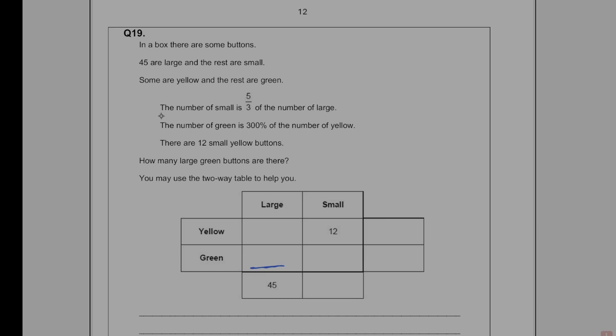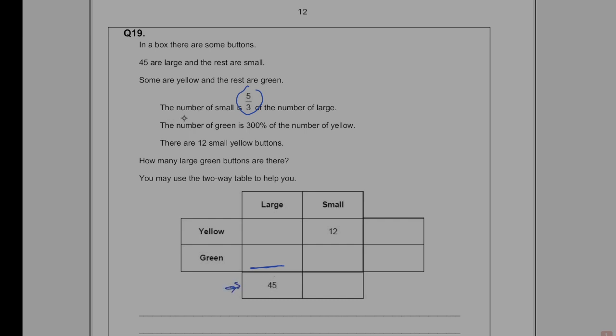Okay, so the number of small buttons is 5/3 the number of large buttons. So I'm trying to work out whether to put it in the table. Here we go. So we know that there are 45 large buttons.